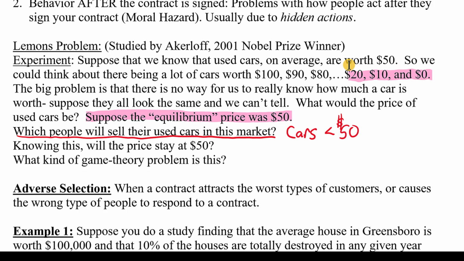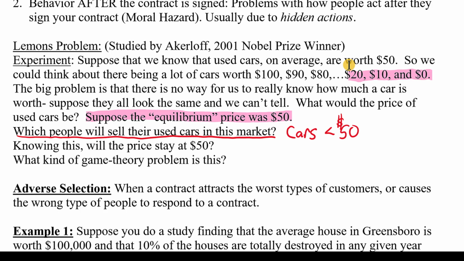is the price going to stay $50? If you were out there looking to buy a car and you knew that all the cars that are for sale are actually going to be worth something less than $50, 0, 10, 20, 30, 40, maybe you're lucky and there might be a car out there worth exactly $50, but you're going to pay $50 and you have a random shot at getting something worth between 0 and $50. Are you going to really be willing to pay $50 then?